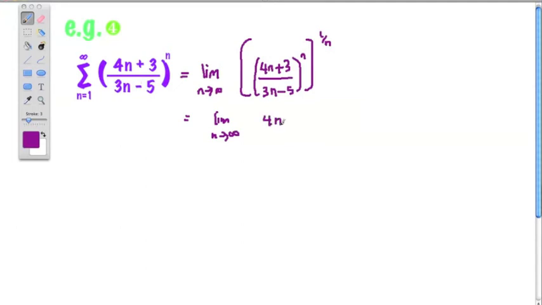We will get 4n plus 3 over 3n minus 5. And then we continue to divide each of it by n.